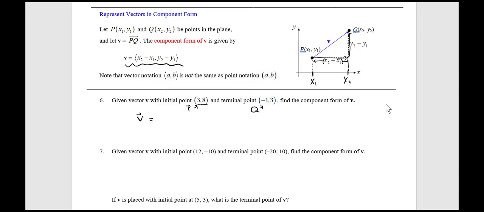Now, if we want the component form of V, it looks like up here we subtract the x-coordinate of where we're going, that's x2, minus the x-coordinate of where we started. x2 minus x1. So that's where we ended up, -1, minus where we started, 3.